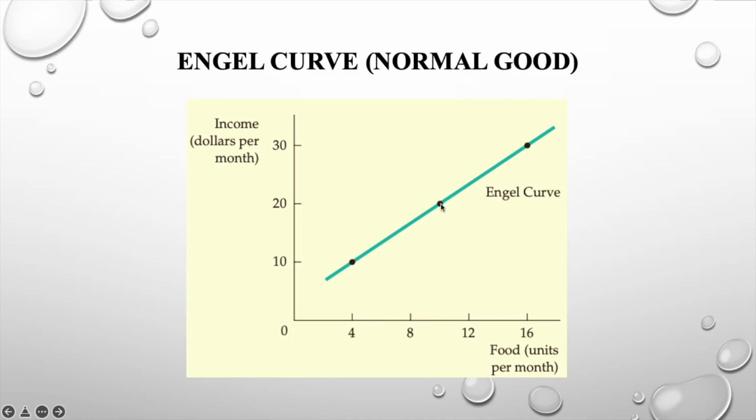And when the income is $30, the quantity consumed rises to 16 units. Here, food is a normal good as the quantity of food consumed rises as the income of the consumer rises. So, the Engel curve is upward sloping.